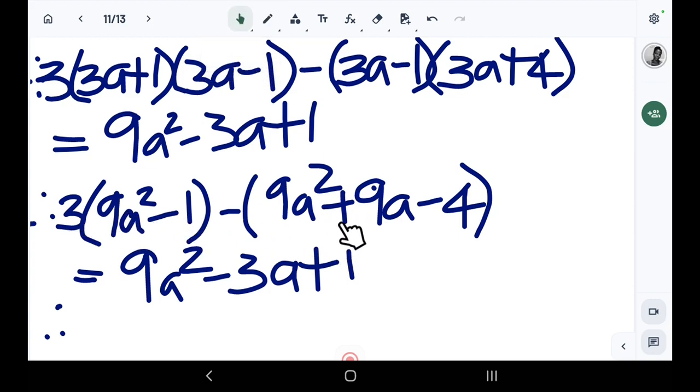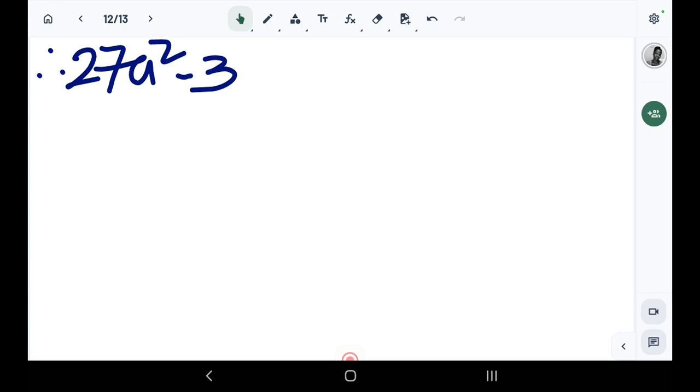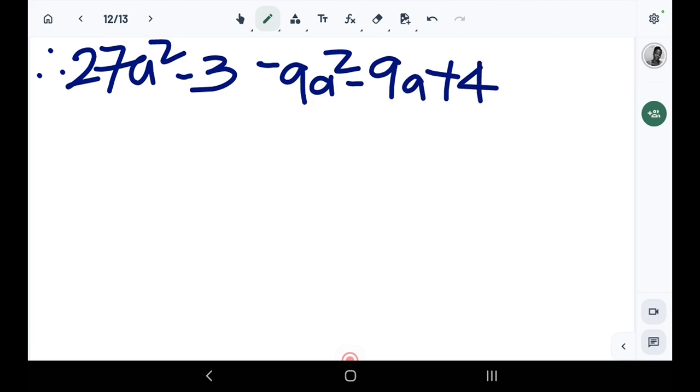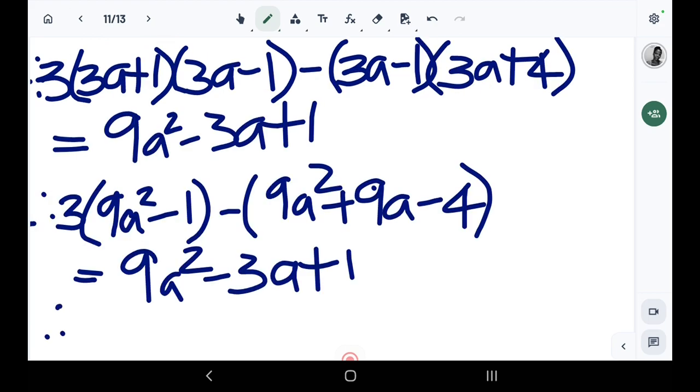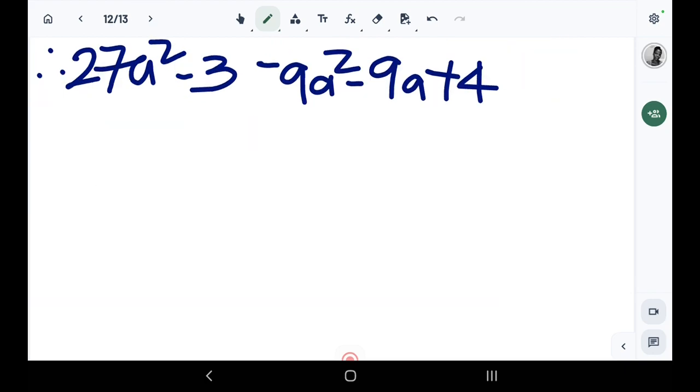Now you take off the brackets, you're left with minus 9a squared minus 9a plus 4, equals 9a squared minus 3a plus 1.